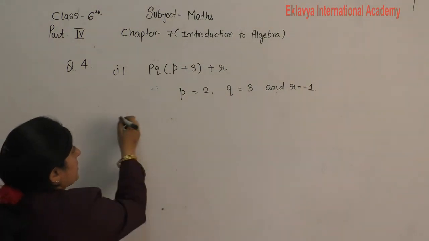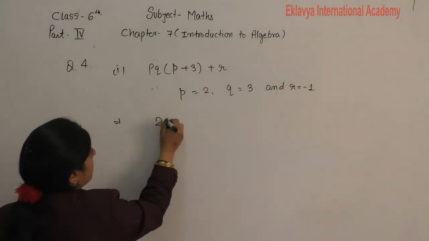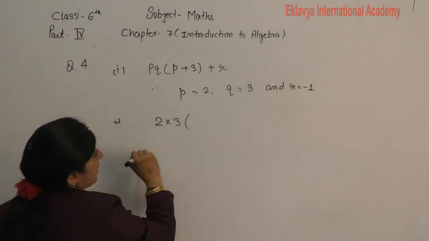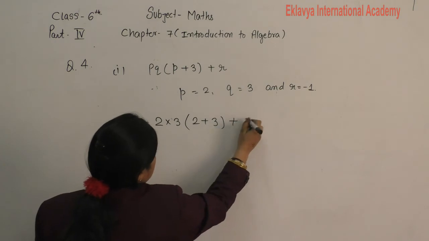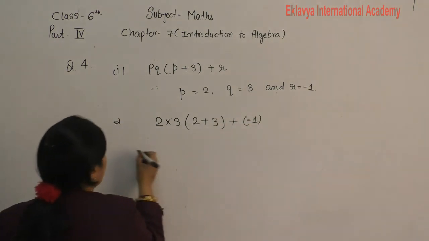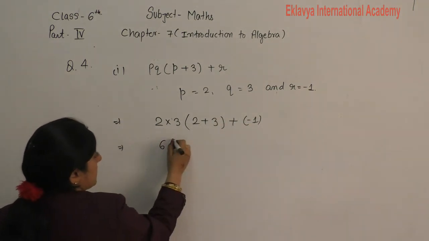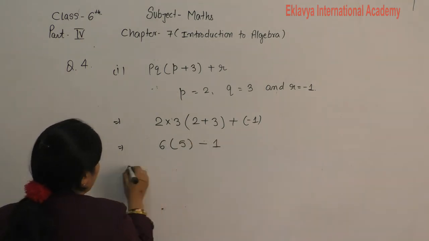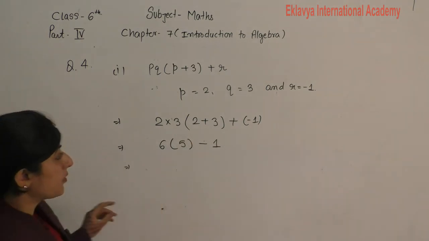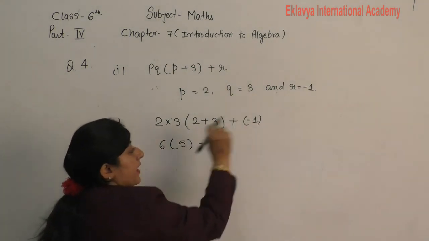Now put the value here. PQ, P multiply by Q, P plus 3, 2 plus 3, plus R value minus 1. 2 threes are 6, 2 plus 3 is 5, plus minus 1. See properly, here R value is minus 1.